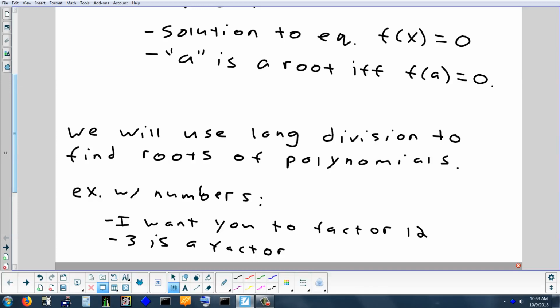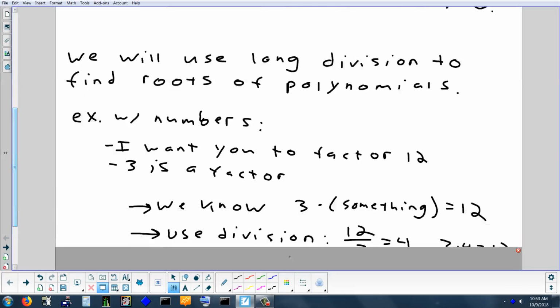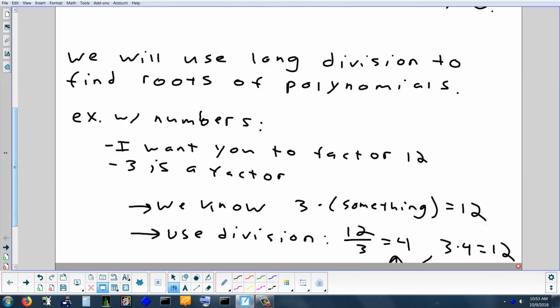Yeah, you would divide. I already have it written out. If you know 3 is a factor of 12, then what you're saying is 3 times something gives you 12.